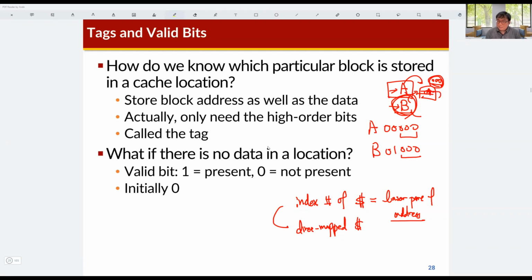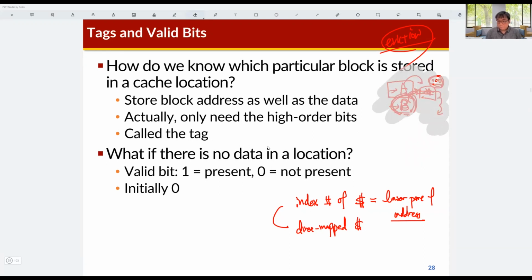A is evicted from this cache entry, and then B is allocated to this target entry of the cache. So A is removed. This is called eviction. Eviction means that it's kicked out from the cache. So A is evicted from the cache, and B is allocated in this cache entry. That's how the direct mapped cache works.